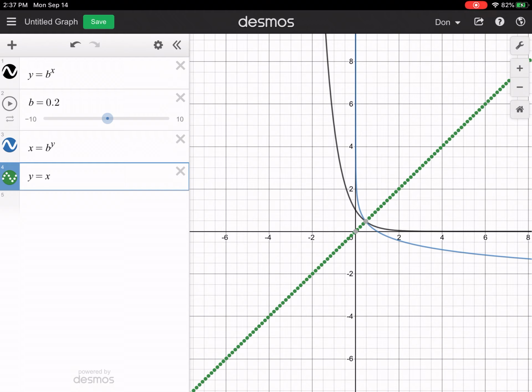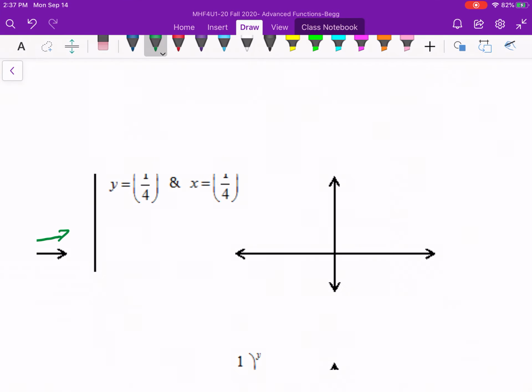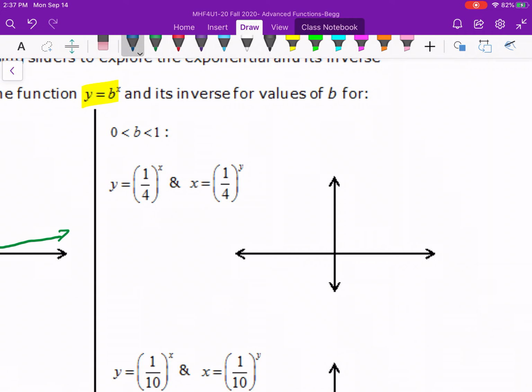So we got fairly steep when we have about 1/4, approximately 1/4. It wasn't exactly 1/4, but it looked a bit like this. And then the other one was going to look like this.